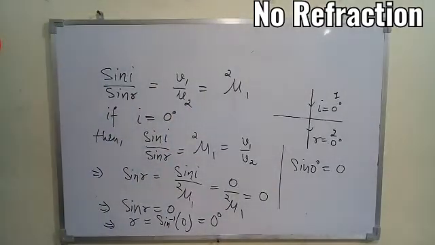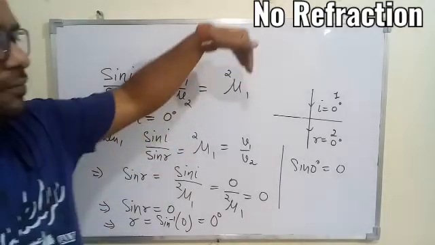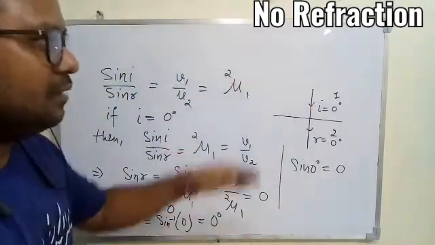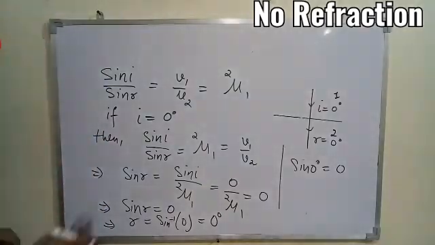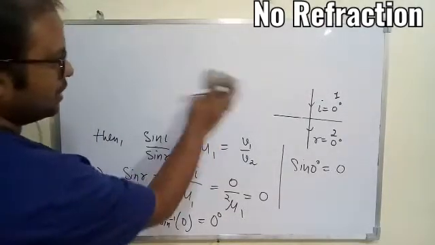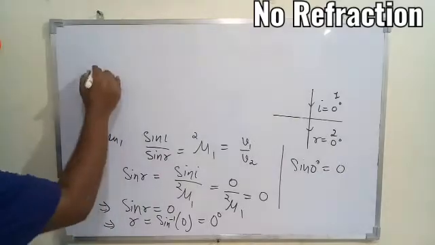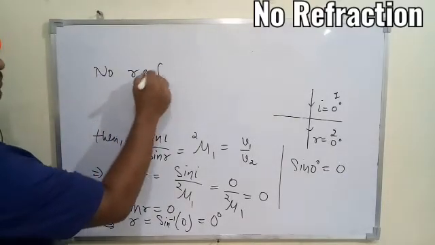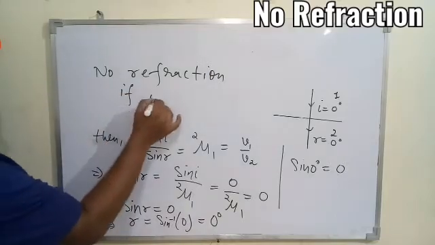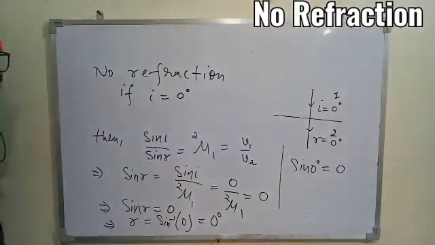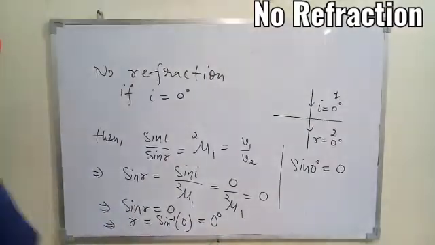So overall, if the light falls along the normal, then even if the light changes the medium, refraction will not take place. That is to be taken care of. So there is no refraction if r is 0 degree. I hope you understood this much.